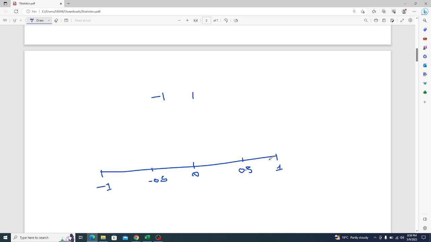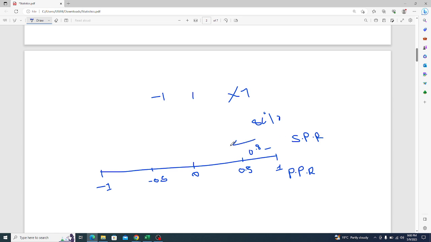Remember we said if we get a value of 1, we will say that the relationship between the two variables, let's say x and y, is a perfect positive relationship. We also said any value greater than 0.8, that is 80%, is said to be a strong positive relationship.